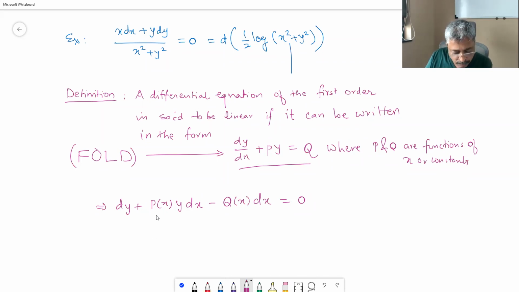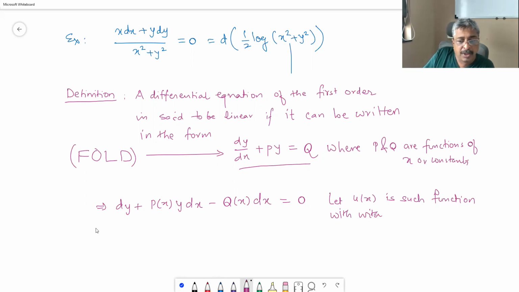Okay. So the technique that we are going to use is to multiply by some function. So let u of x be such a function with which we multiply. Okay, I don't need to write.